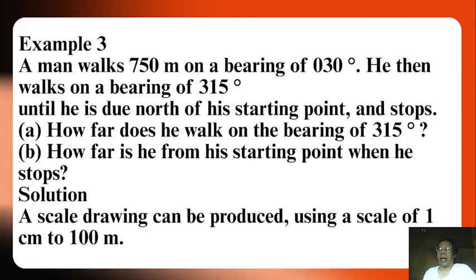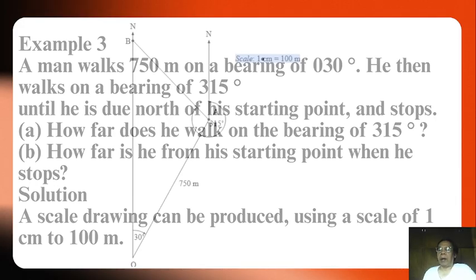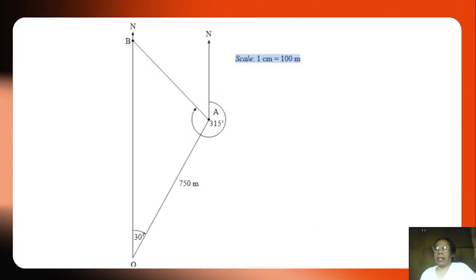Meaning, from point A, he will be walking with a bearing of 315 degrees until point B, where the man stops walking.